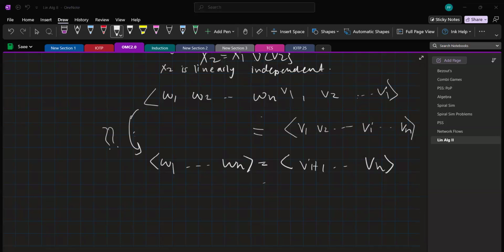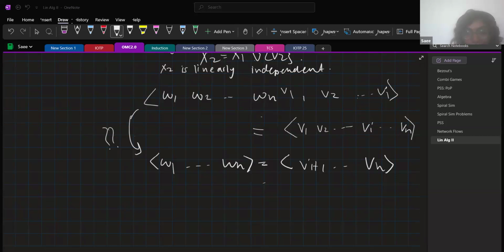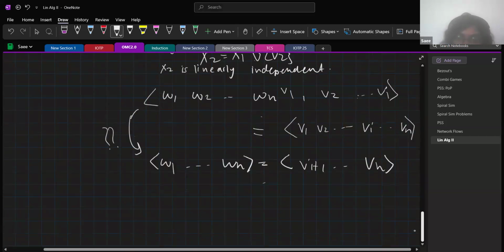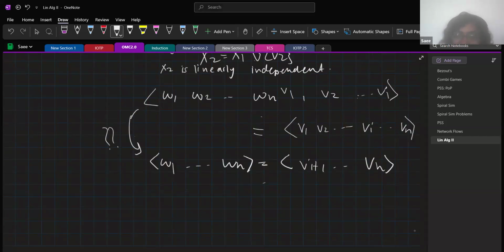Why should we be able to? I get it, that's linearly independent, but. Yeah, this is something I came up with while walking this morning. So yeah, this last step is indeed kind of sus. Let me think.